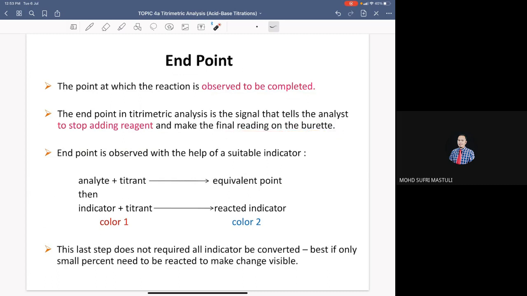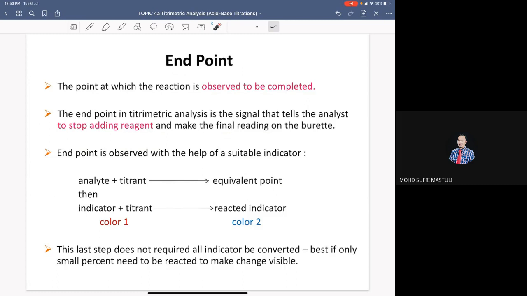So the endpoint is observed with the help of a suitable indicator, because the indicator will change color from color A to color B in a particular pH range.